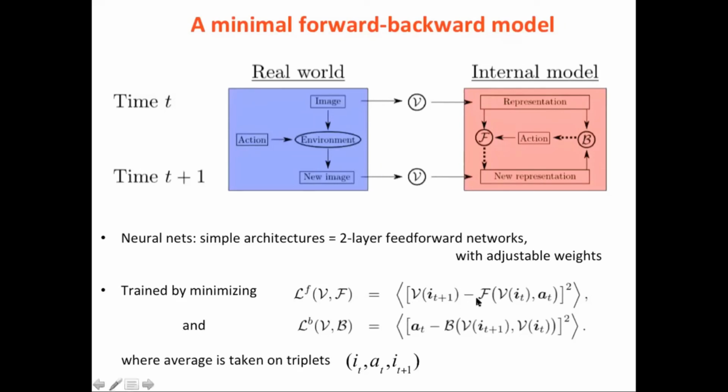So the forward again is that given an action, a motor action, a displacement, and the representation of some image at time t, what is the new representation we would expect for the image at time t plus 1? So that's a kind of prediction module about what we expect the animal to see at time t plus 1. And the backward one is, given the 2 representations of the images seen at time t and t plus 1, what is the action which corresponds to these changes in what we've seen from the world.